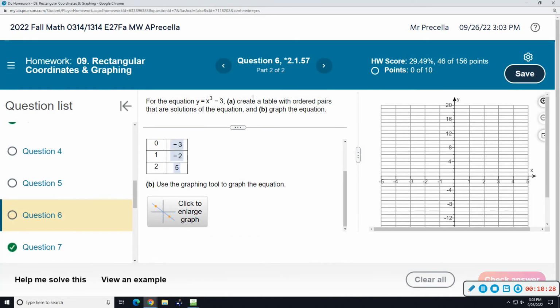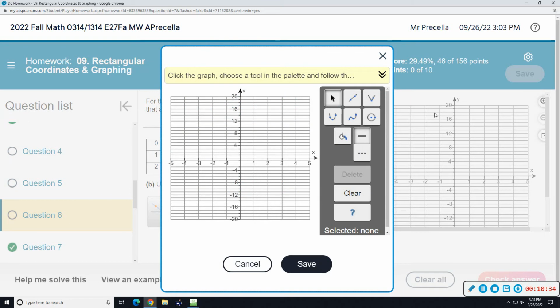We know this thing is a cubic, so we have to find the cubic tool. Oh, I know it's not this. That's a line tool. There it is. We've already seen that this is going to be the absolute value tool that we're going to use in a moment, and this is a quadratic. Well, we're not graphing a circle.